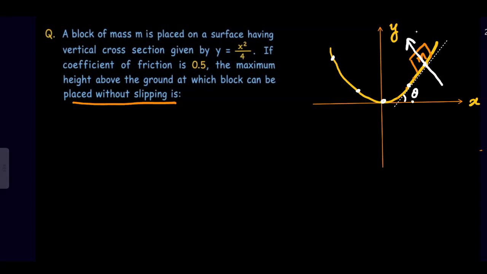So this is the normal, this is N. And in this direction, how much is the force? Yes, this is mg cos theta. Now in this direction, how much is the force? Yes, along this direction, this is mg sin theta.